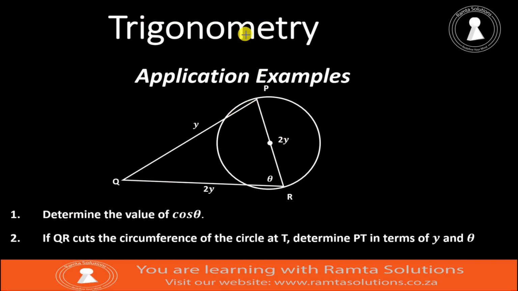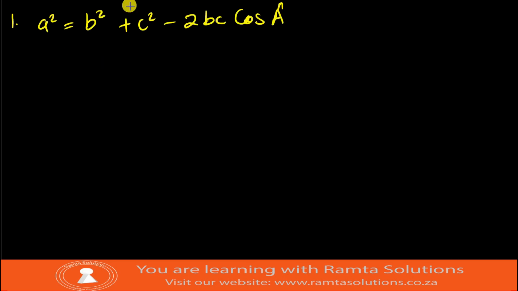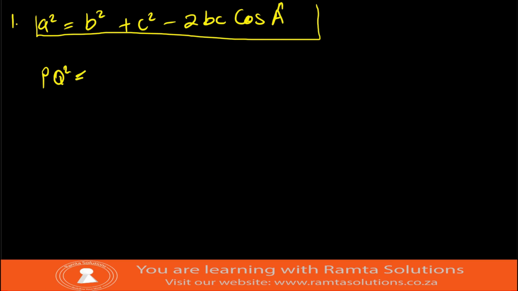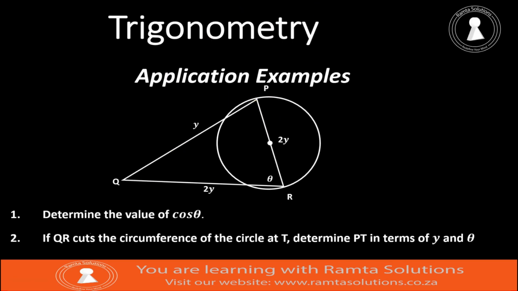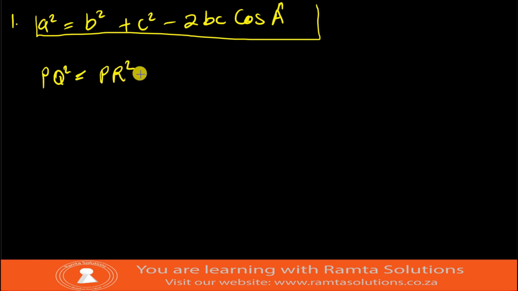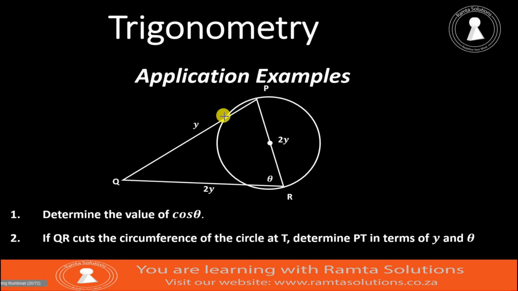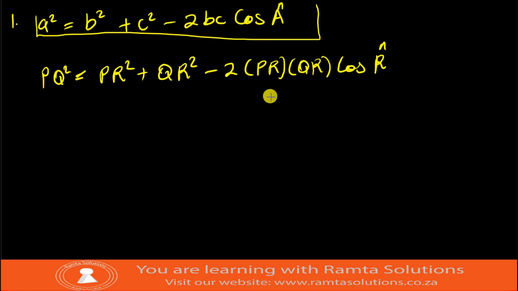I prefer writing it that way, as it's a standard: PQ squared is equal to PR squared plus QR squared minus 2 into PR times QR cos the angle opposite side PQ, which is angle R. This is how I prefer to use it, but even if you use the other one, it's still okay.